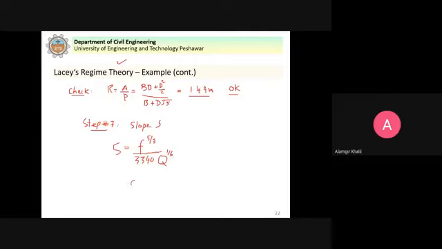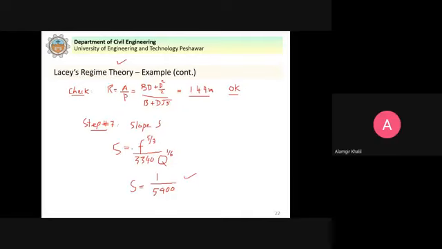If you put the values, this S comes out to be 1 divided by 5900. This is the longitudinal slope.